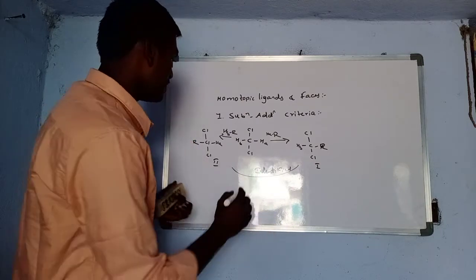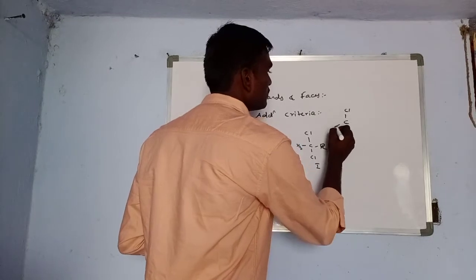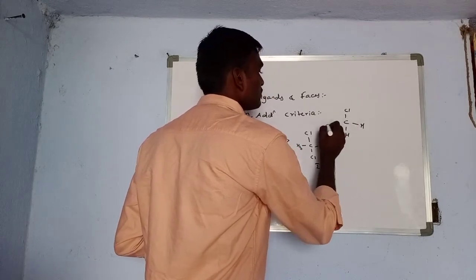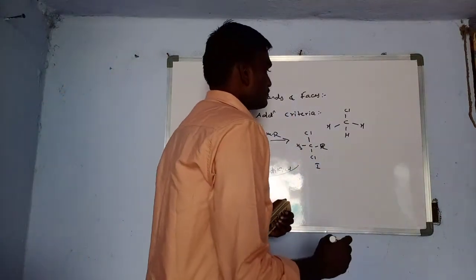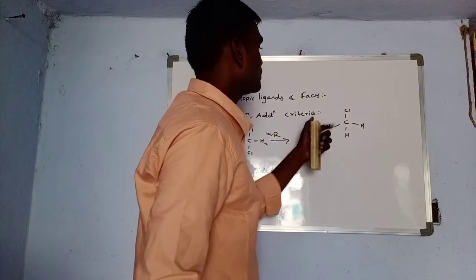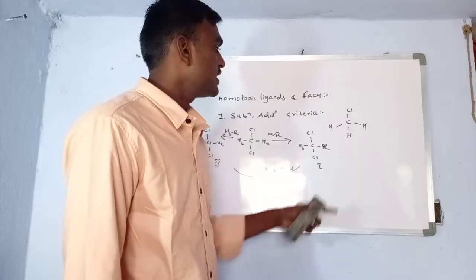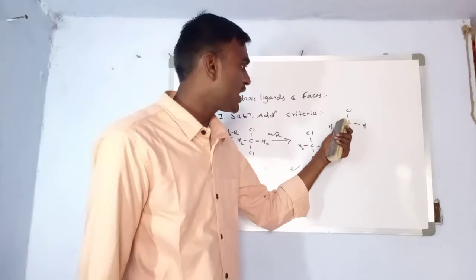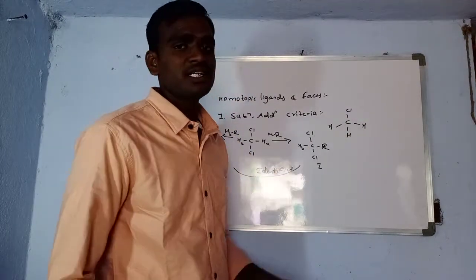Let's take another example. This is chloromethane, it's not chloroform. In this chloromethane, if we substitute any hydrogen by another group, it will produce the same structure.